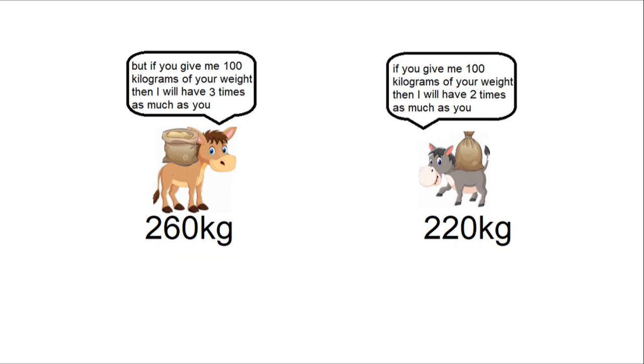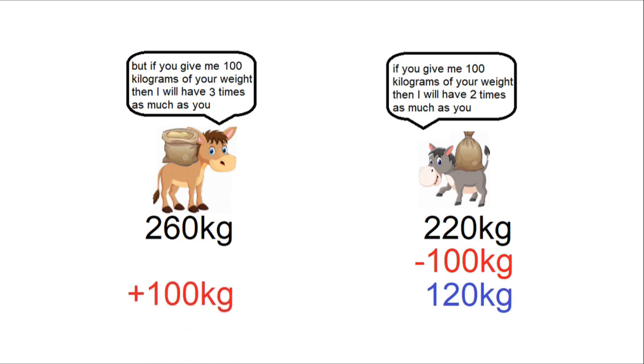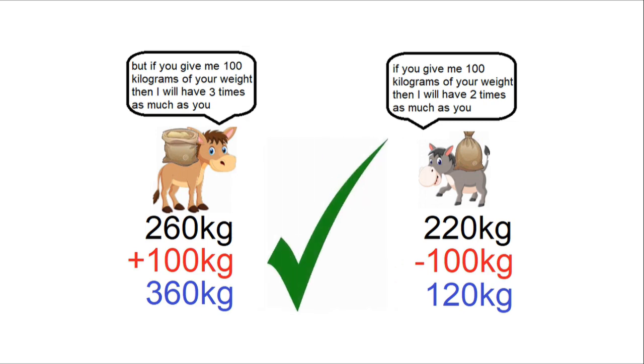Yes. And from the donkey's perspective, he said if you take 100 away from the mule, leaving him with 120, and adding it to the donkey, giving him 360, does the donkey have 3 times as much? Yes. And it checks out. We got the right answer.